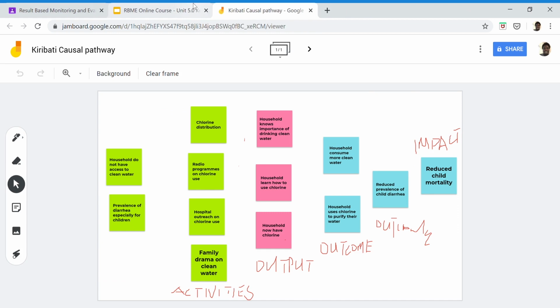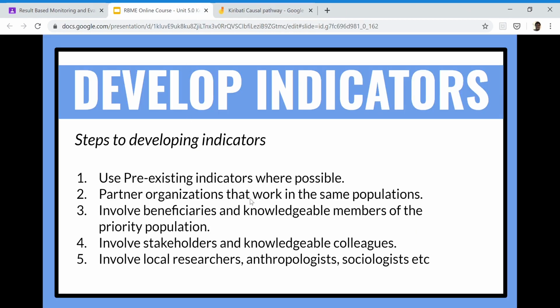So yes, you can partner with organizations that work in the same population. If you're working with an NGO, there are other NGOs that might have been working in the thematic area you're working in as well.